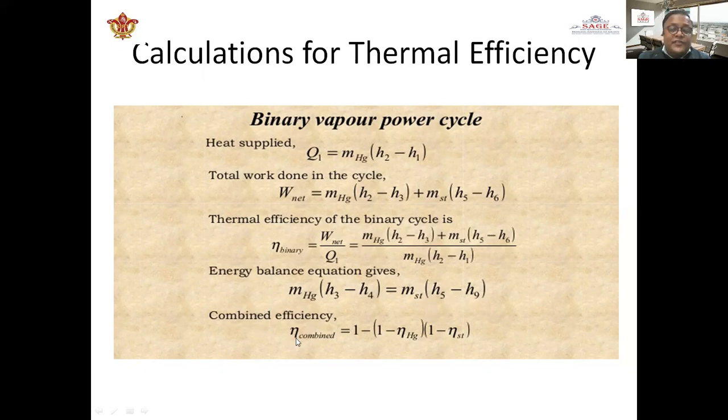The combined efficiency is 1 minus the bracket of (1 minus the efficiency of the mercury cycle) multiplied by (1 minus the efficiency of the steam turbine cycle). That is the calculation for the thermal efficiency.